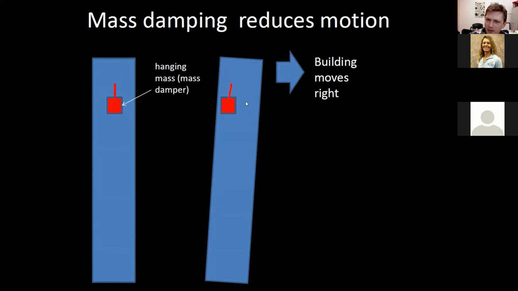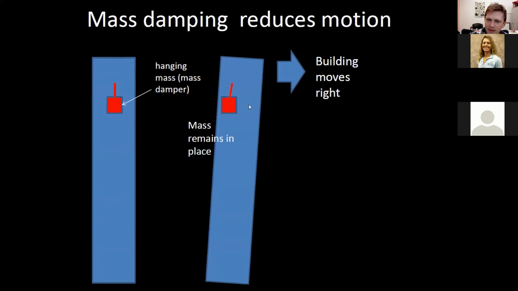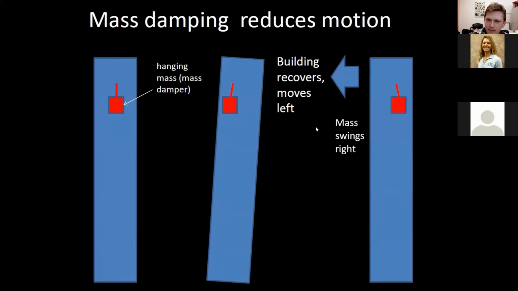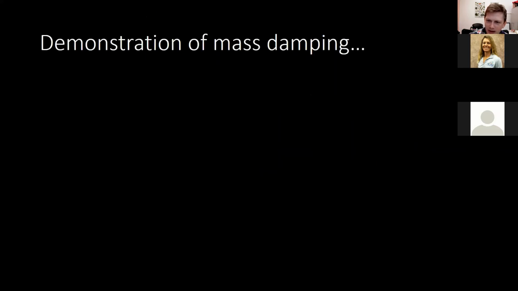If the building moves to the right, the counterbalance will move to the left, or it'll remain in place, and the building's able to recover with a lot less sporadic force than if there hadn't been that damper there. At that point, when it's corrected, the mass swings right, and then they're able to equilibrate.